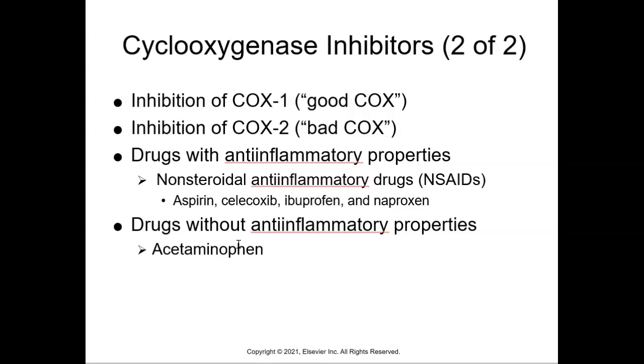So yes, they have the potential for bad adverse effects by inhibiting COX-1, such as the bleeding issues, the gastric ulcers, and the renal impairment. We just know that. But they can be very helpful in reducing pain and inflammation by blocking that COX-2. The trouble with them is that it's only aspirin that is protective against MI and stroke.